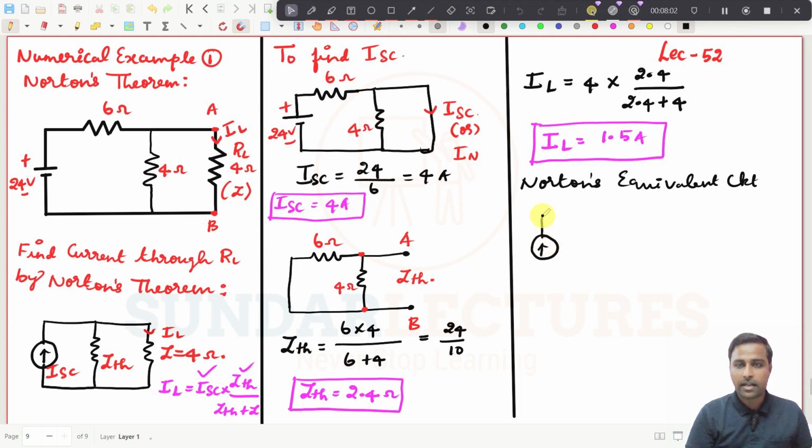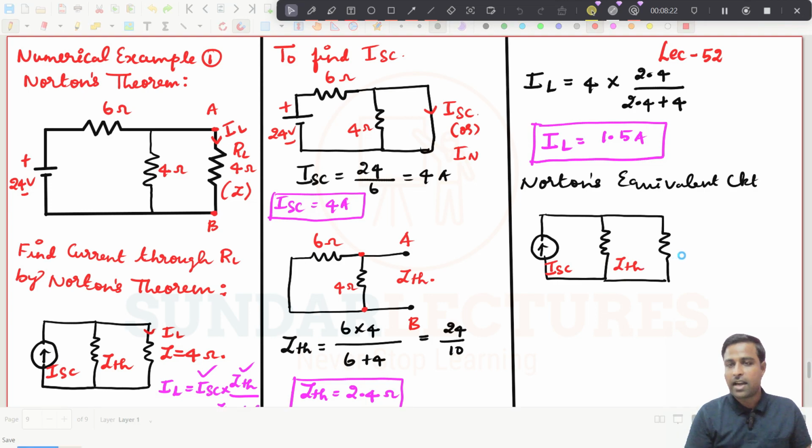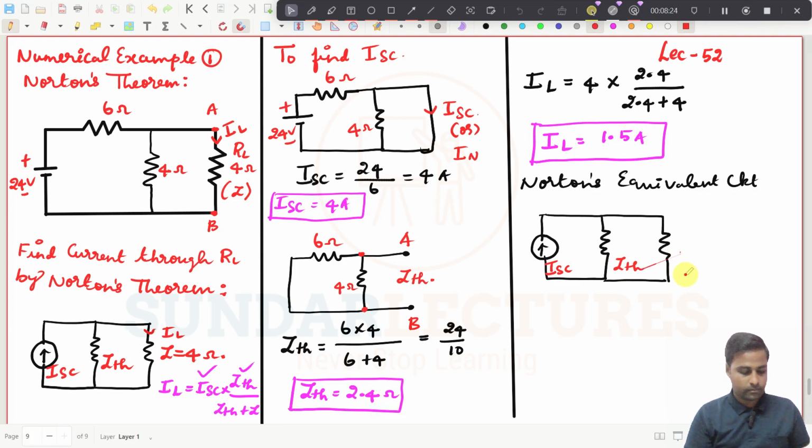There will be a current source connected across the Thevenin's impedance and load resistance. This is the equivalent circuit, and this will be ISC, this will be ZTH, and this will be Z.